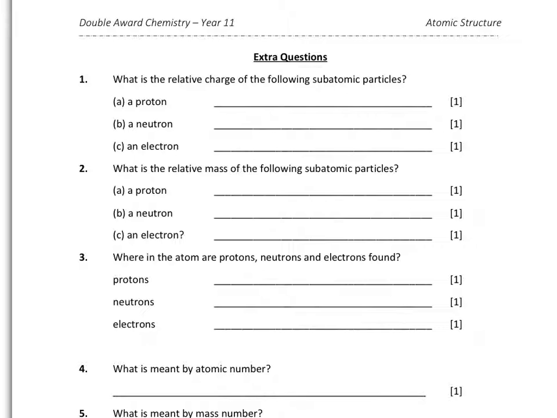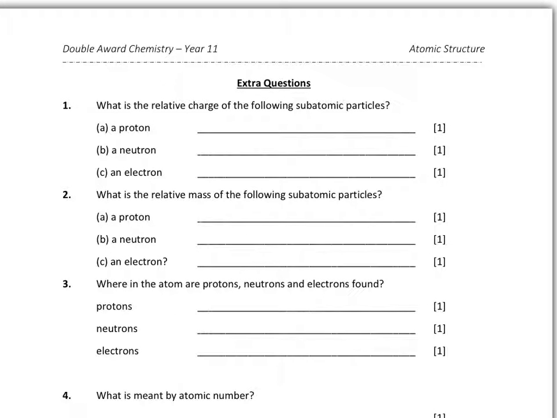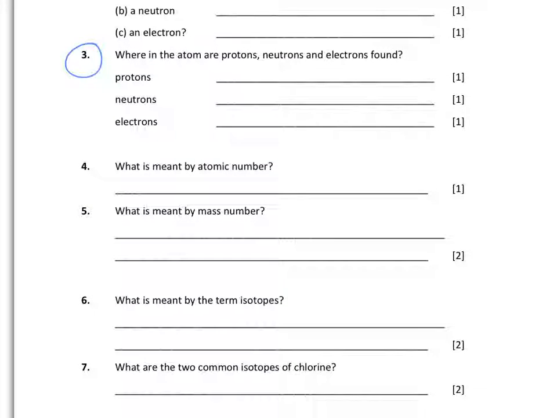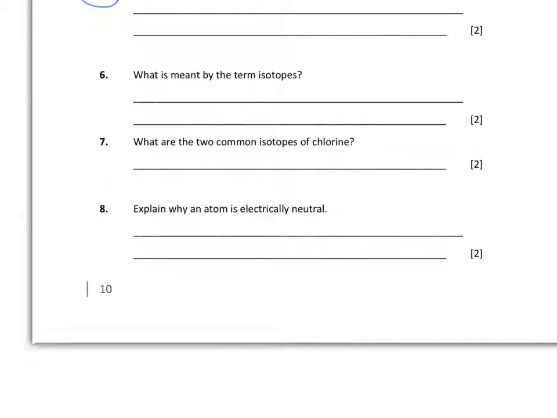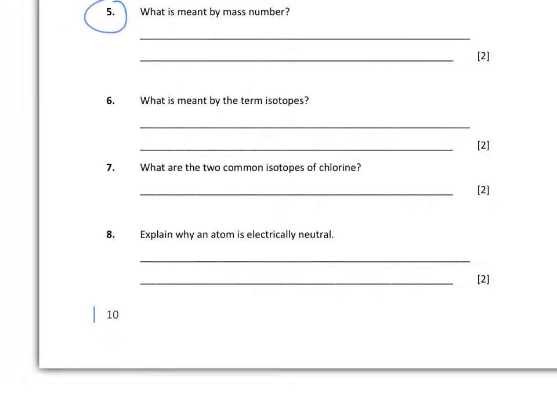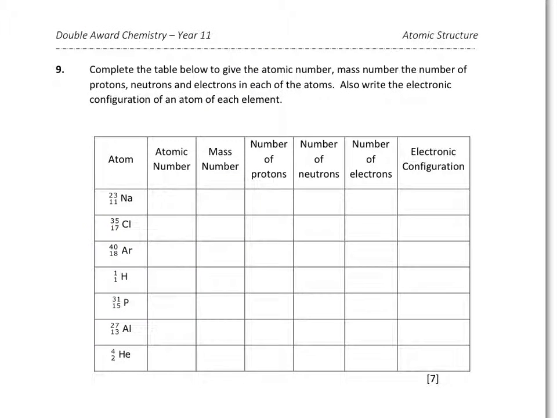And now if you still have time, if you turn to the questions at the back of the booklet on page 10, you can now answer question 1, question 2, question 3, question 4, question 5, not question 6 or 7, question 8, and question 9.